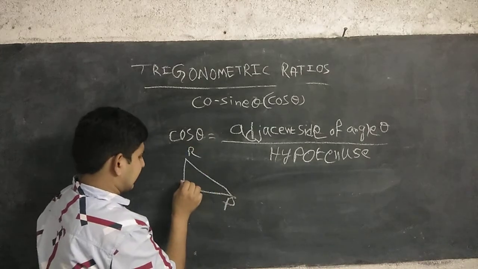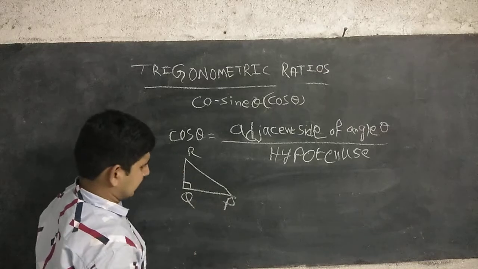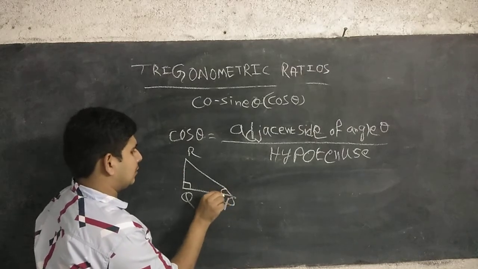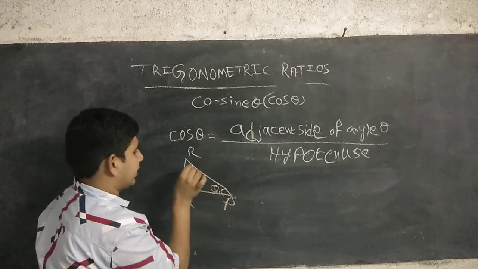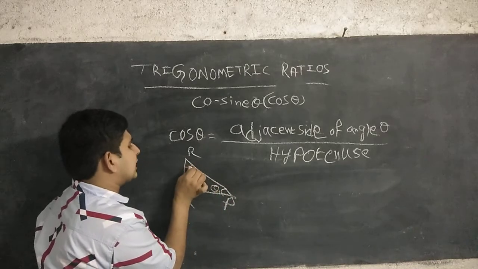Okay, now at Q we have a right angle. At P, the base angle is theta 1, and the second angle is theta 2.